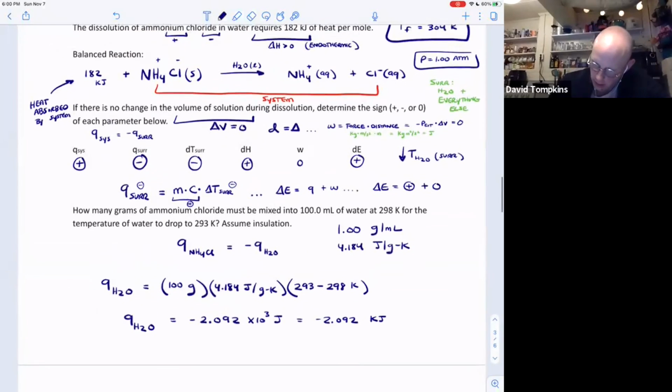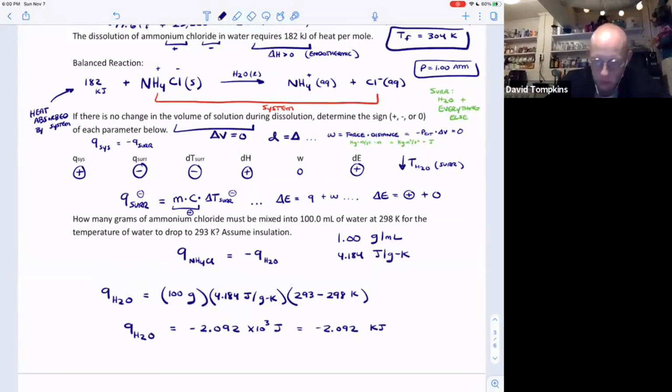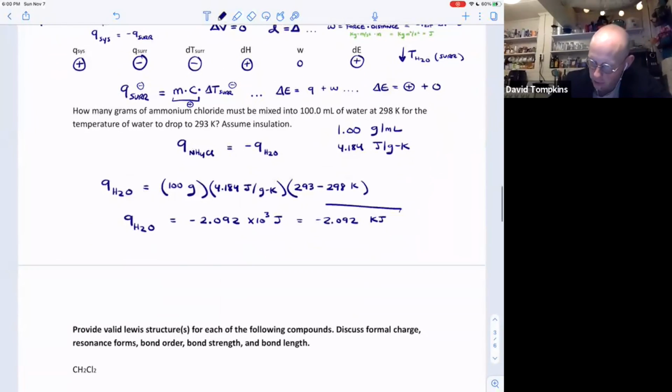Well, the ammonium chloride would require 182 kilojoules. It would take a ton of heat out of the water if you have 1 mole, a whole mole of ammonium chloride dissolving in water. So the actual amount of heat we need is a fraction of that.